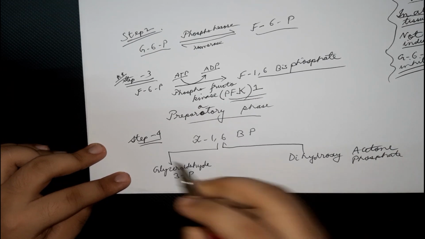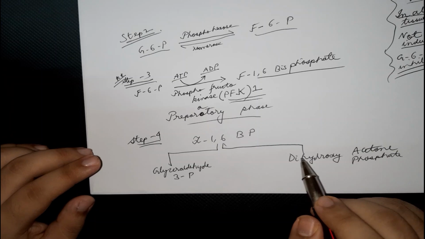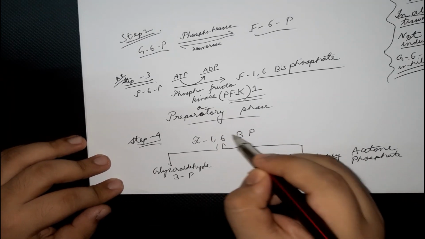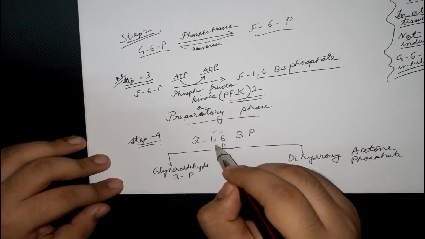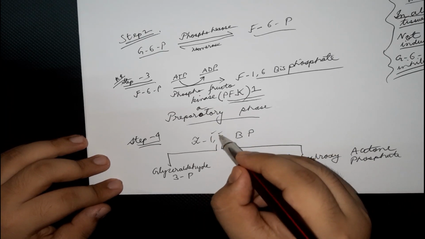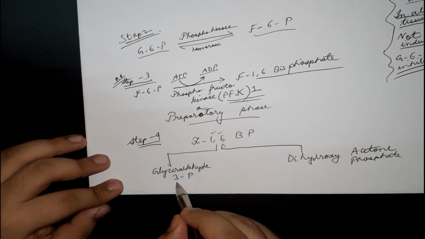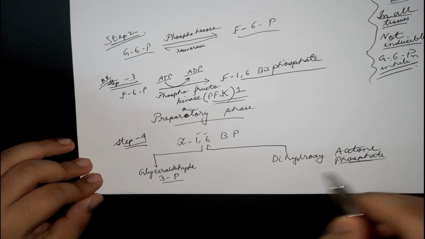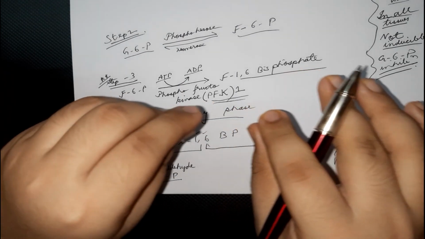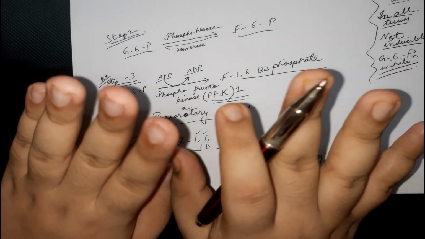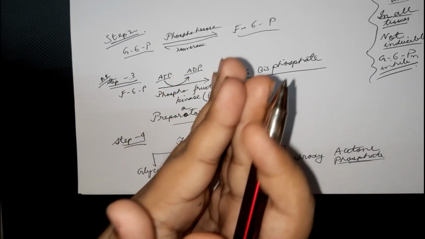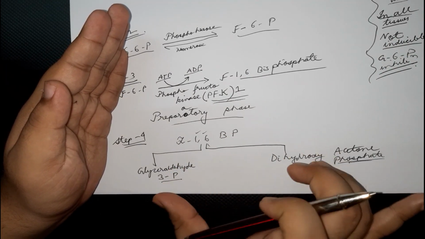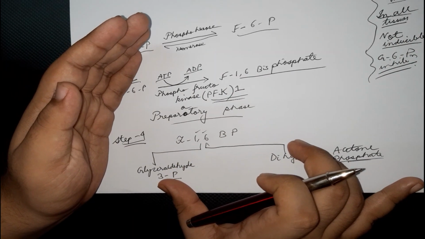Okay, these are the 2 compounds which are formed, right? Fructose 1,6 bisphosphate had 2 phosphates, in the first carbon and in the 6th carbon. And see, glyceraldehyde 3-phosphate has 1 phosphate, and dihydroxyacetone phosphate has 1 phosphate. So the 2 phosphates have been distributed in the products being formed, right?